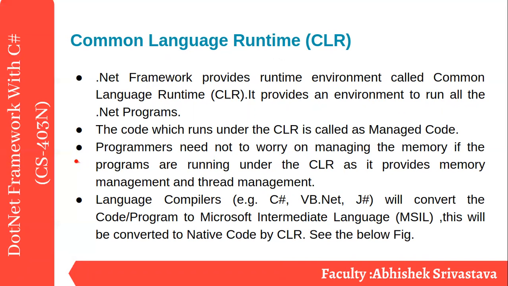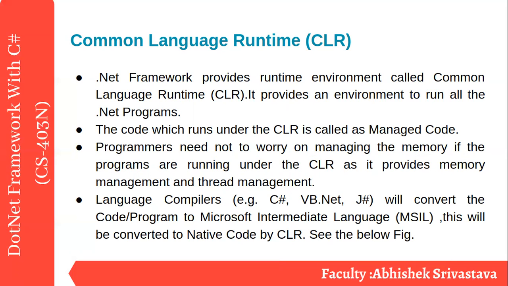The programmer need not worry about managing memory if the programs are running under the CLR. Why do we put the memory concept over here, and what management is done by the CLR? Any variable which is not being used comes under garbage, because garbage always fills the memory.